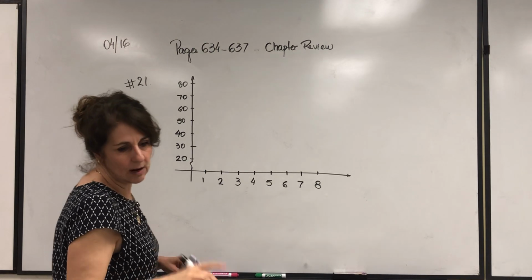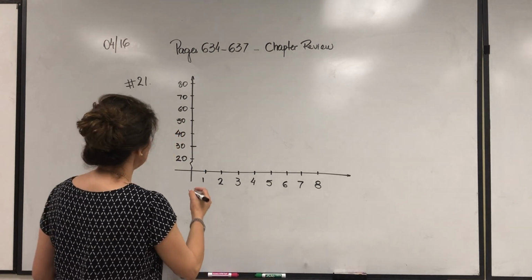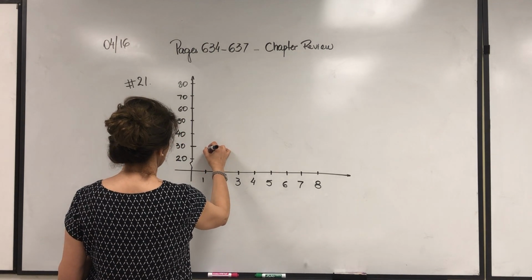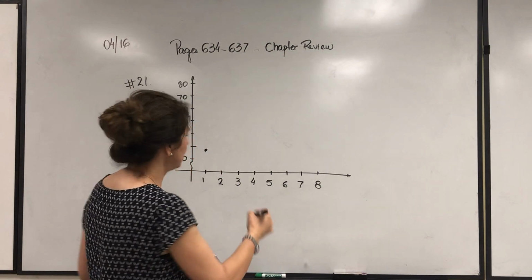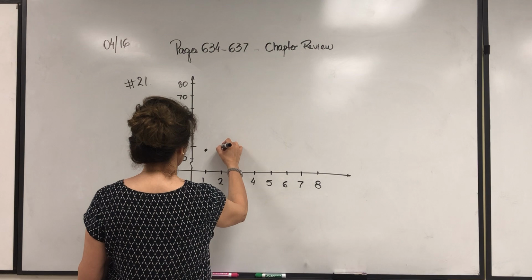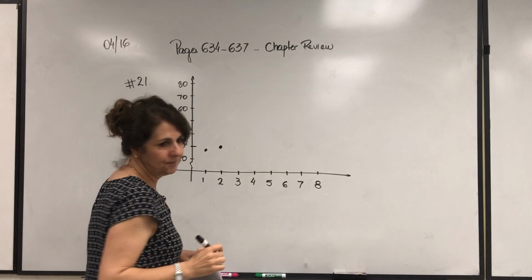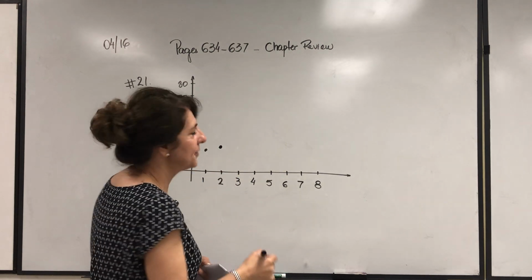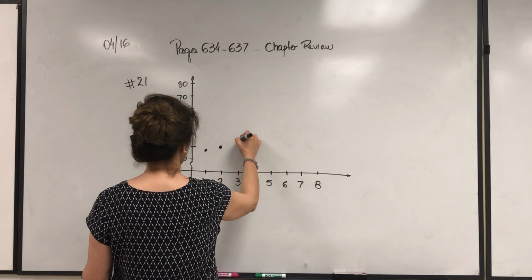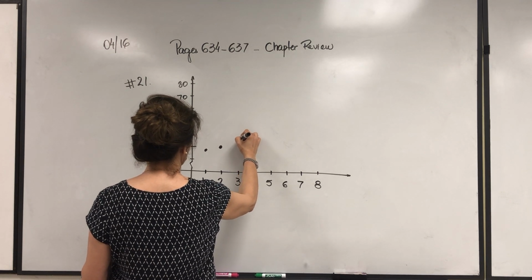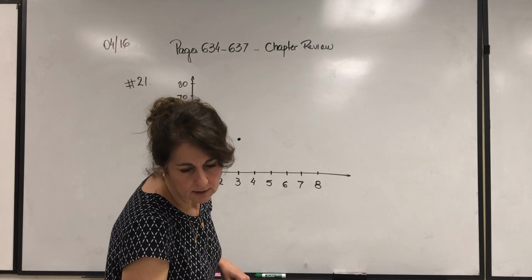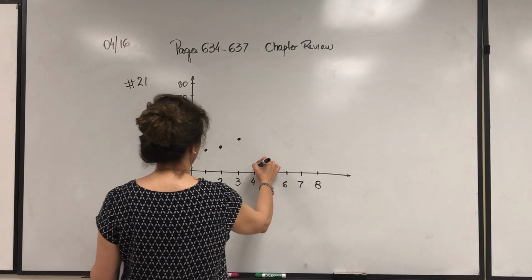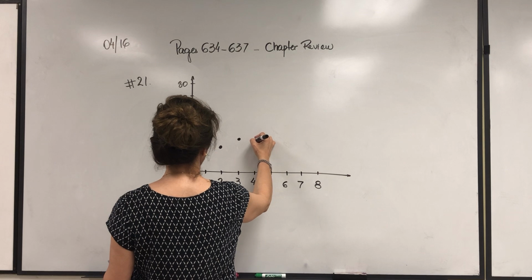Let's read the numbers now. For 1, it is 28. For 2, it is 30. For 3, 37. For 4, 35. Oh, lower.